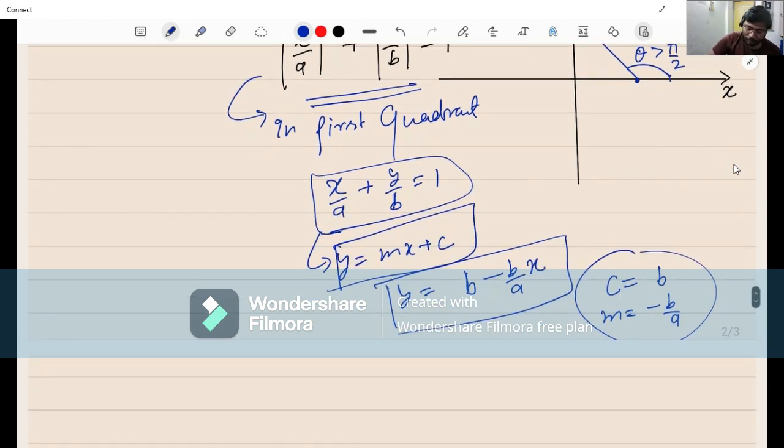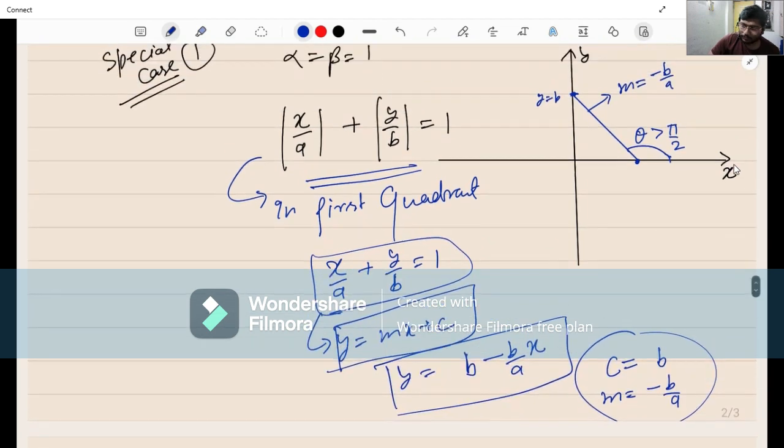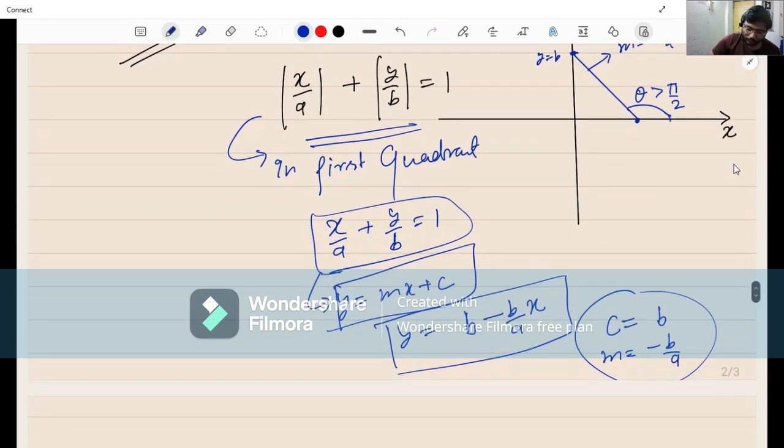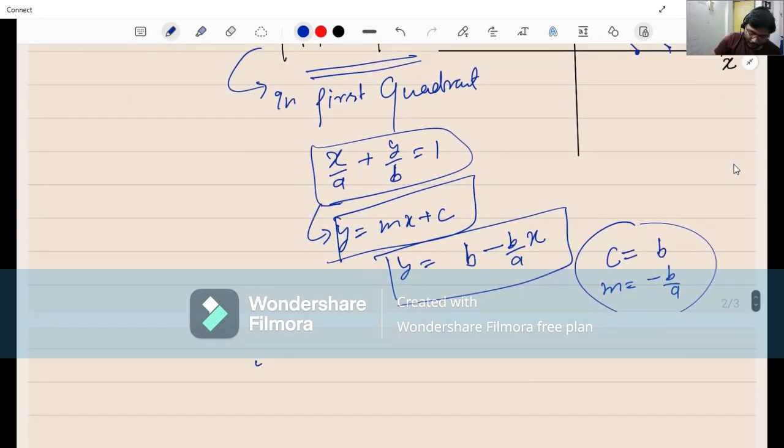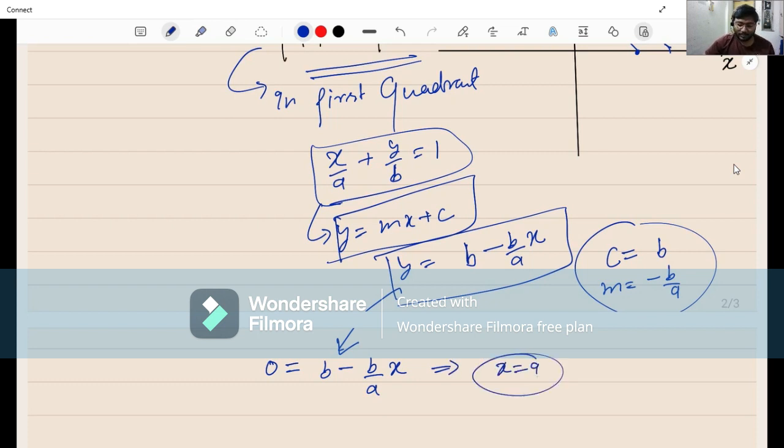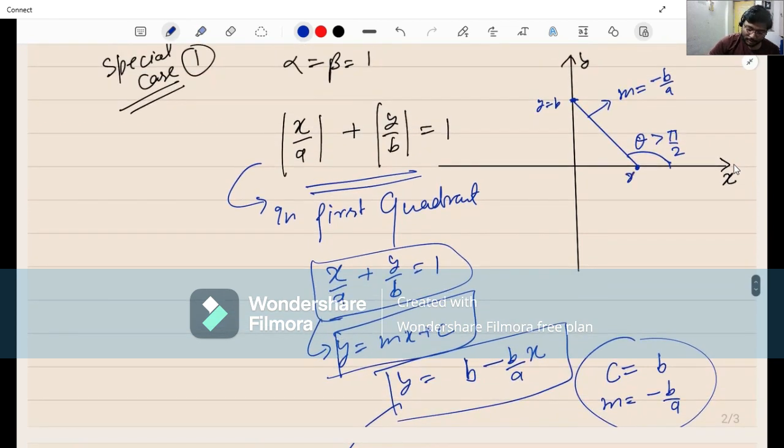So if you do so, with y equals 0, this equation becomes 0 equals b minus b by a x, and then this becomes x equals a. Fine. It means that this point is x equals a.